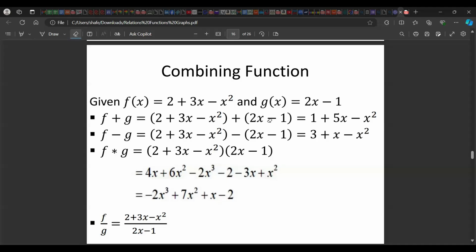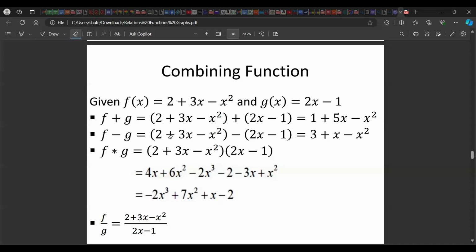And there are no other x squared terms, so we put back minus x squared in. You follow that? We add like terms.